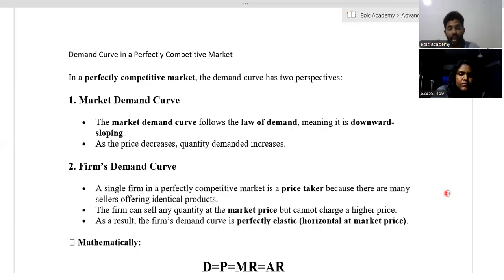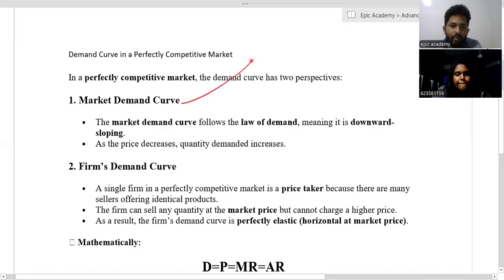Market means a collection of all producers, all sellers. Firm means only one firm, only one producer. The market demand curve follows the law of demand. This is the normal one. We already discussed the law of demand, the negative relationship between price and quantity demanded. It is a downward sloping curve.